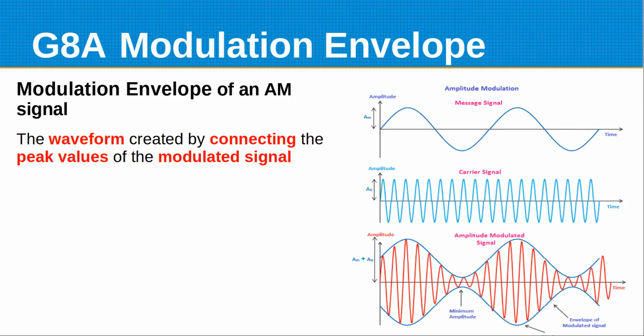Modulation envelope of an AF signal is the waveform created by connecting the peak values of the modulated signal, which is what the blue line down here represents, this envelope, which is proportional to the modulating signal.